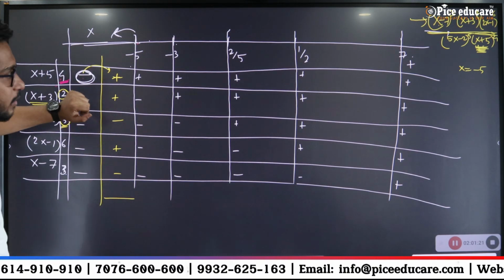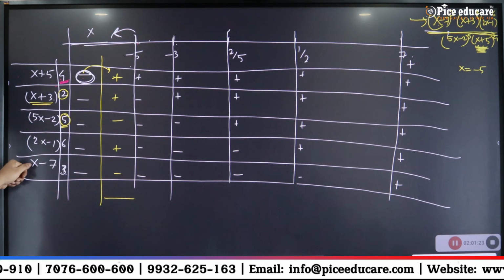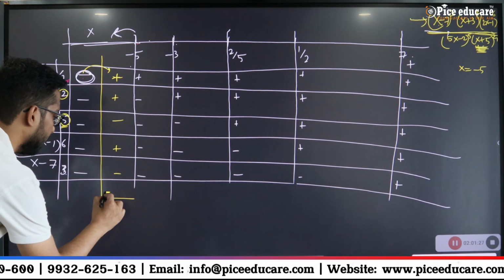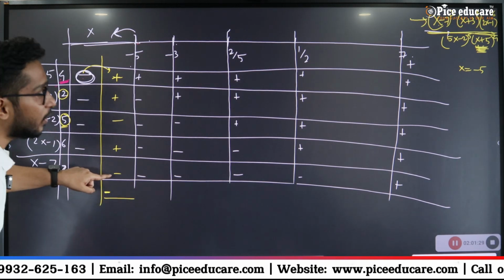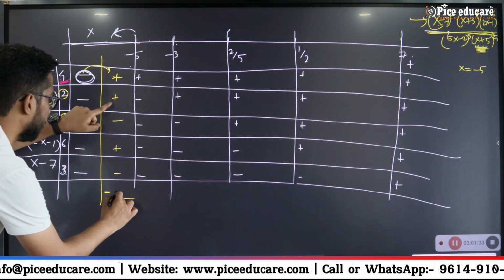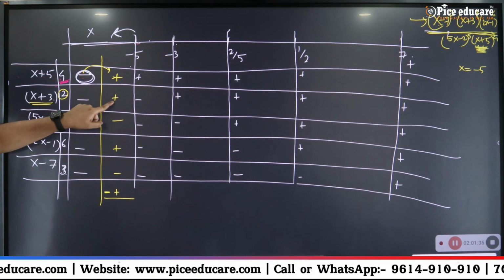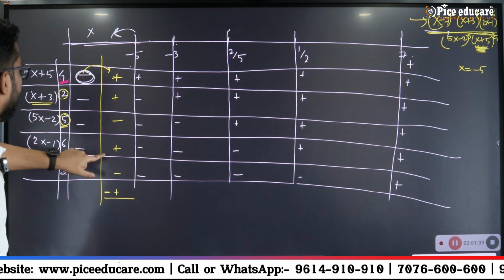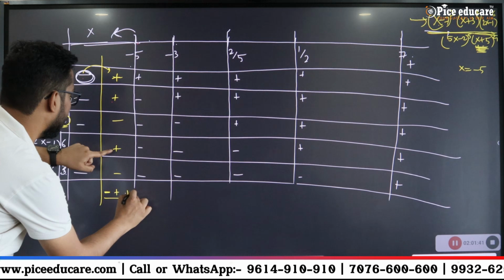First quantity is x minus 7, come here. What is the original sign? Minus, right? Then what is the next item? x plus 3, go here, look at the sign, plus. Then you have 2x minus 1, so come here, it is plus again.